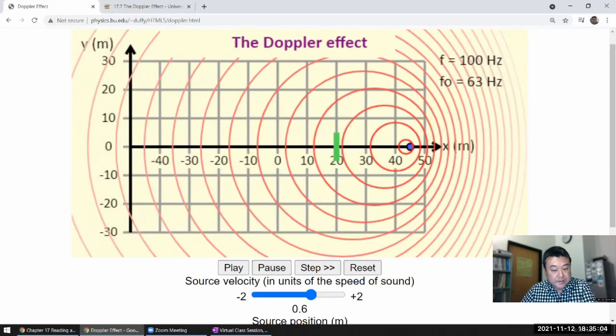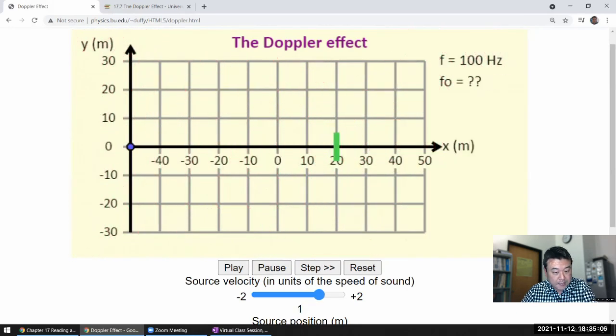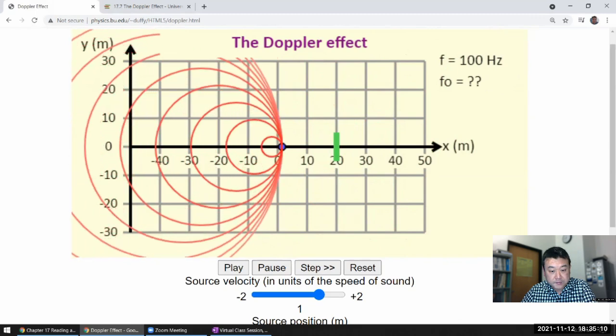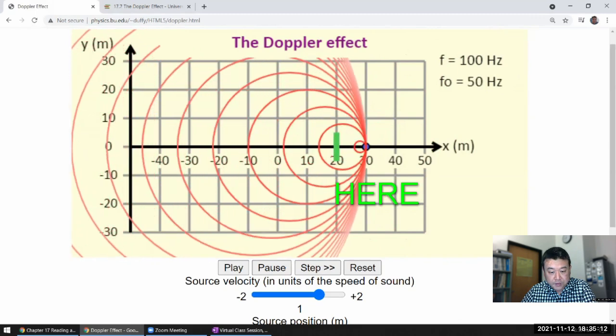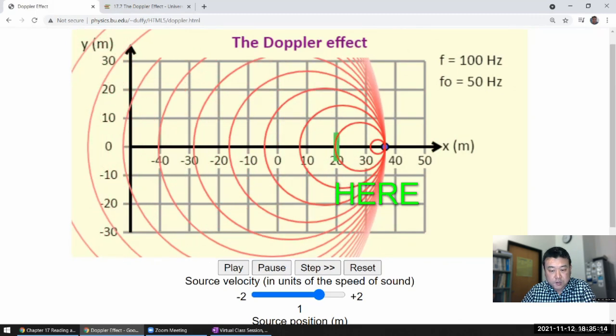But when it's equal to the speed of sound, then these bunched up wave fronts extend down to here. So what you can imagine is an observer who's here is going to feel the effect of all those wave fronts constructively interfering at the same time.